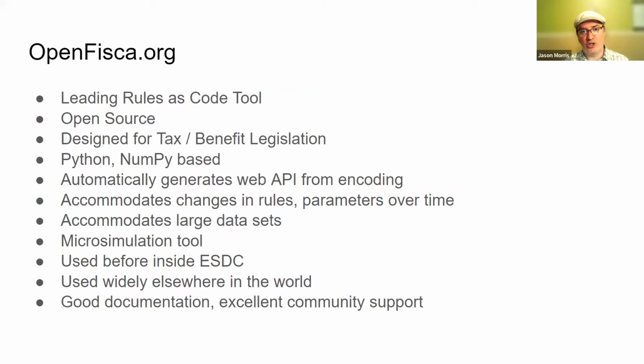So it's a high resolution simulation of the economy. And that requires dealing with a large number of data points for a large number of small entities. So a microsimulation tool needs to be able to do large data sets.